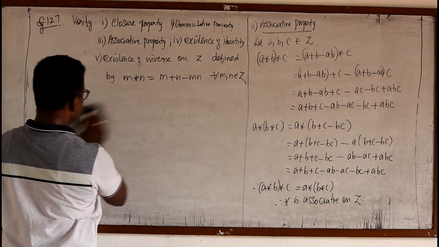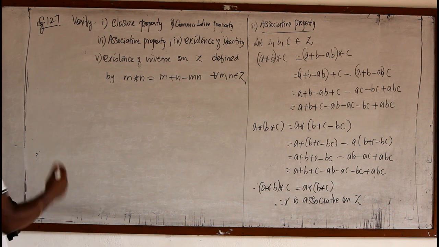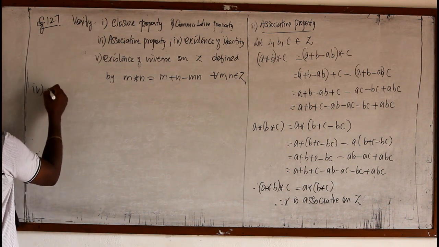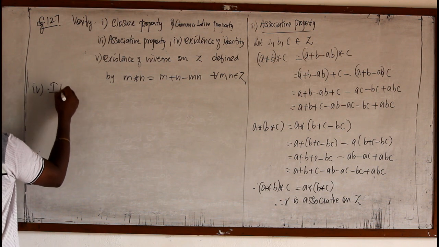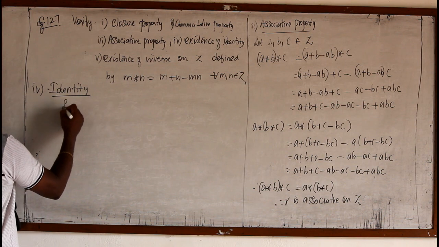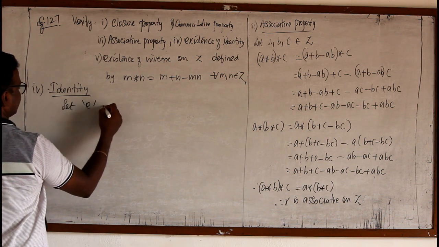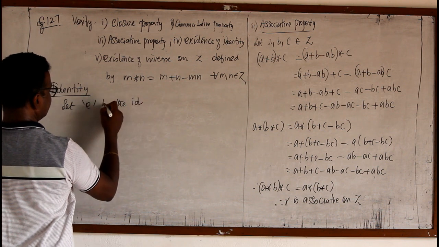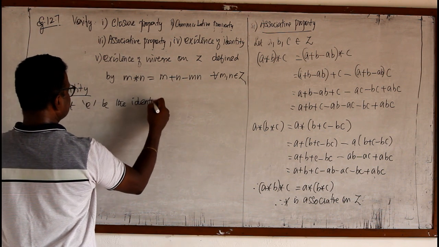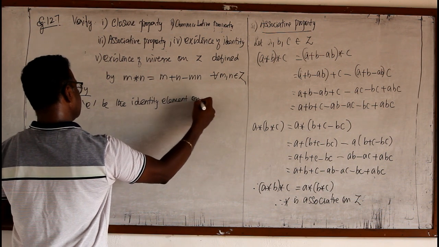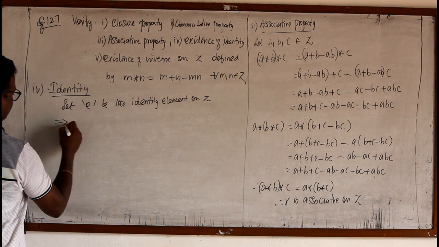Now we shall go for finding the identity element. So property number 4, existence of identity. We do not know the identity, so let me introduce e as the identity element. Let e be the identity element on Z. That means what will obey?